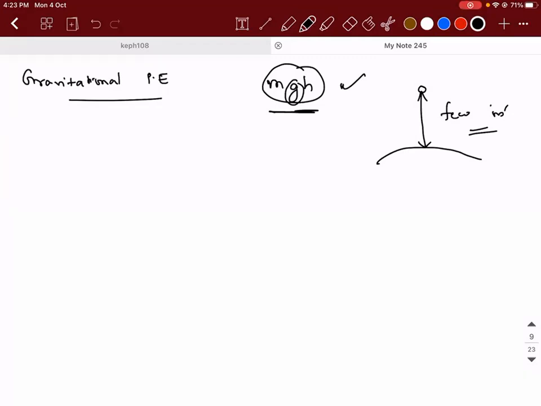You cannot give velocity to it in such a way that it is going to escape from the gravitational pull of Earth. With the energy with which you're throwing as a human being, the object will be able to travel to a certain height and come back because of the gravitational pull.